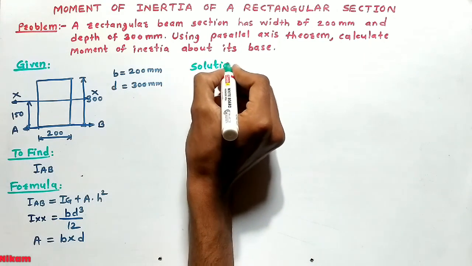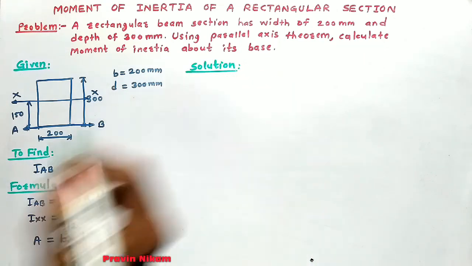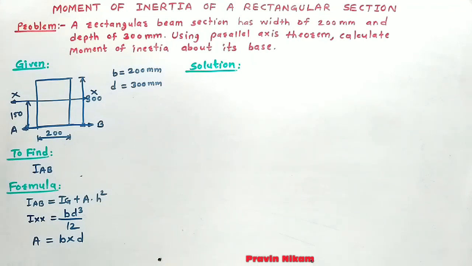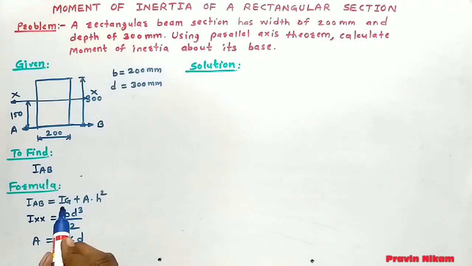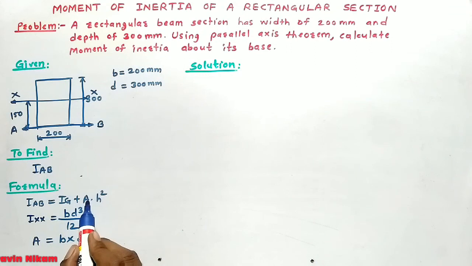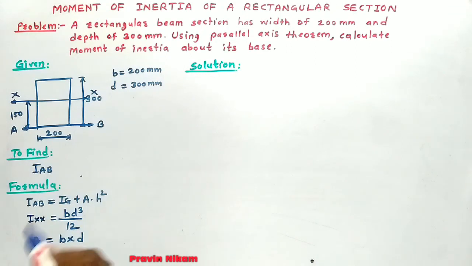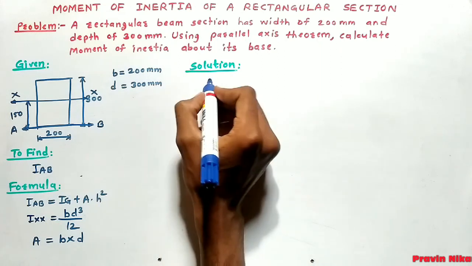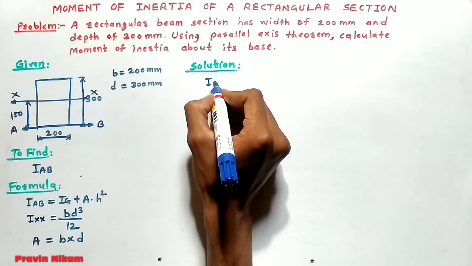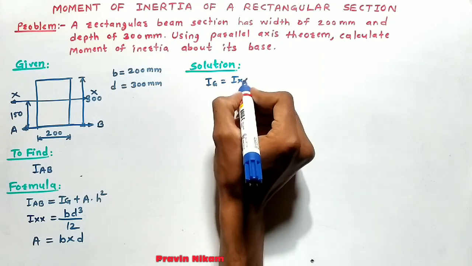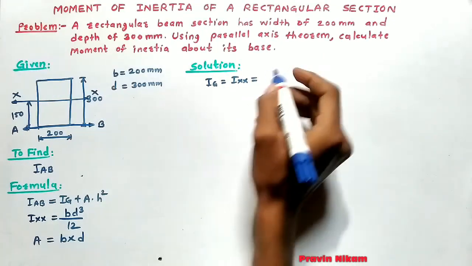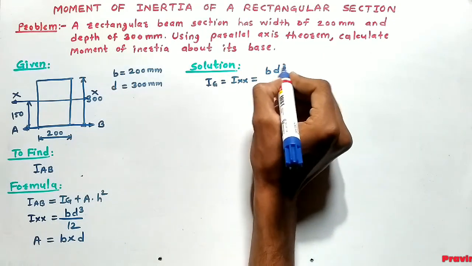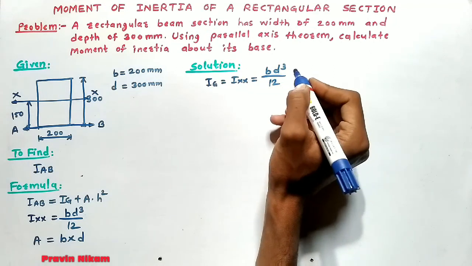Now let's see how to solve this. Solution. First find out IXX, that is IG, then area, then H, and put all the values in this equation and get the answer. IXX for rectangle is B D cube divided by 12.